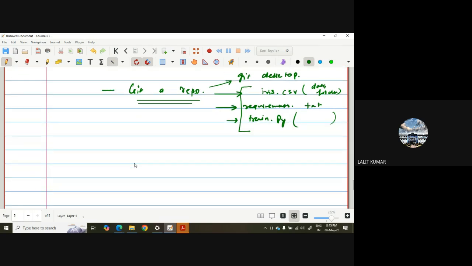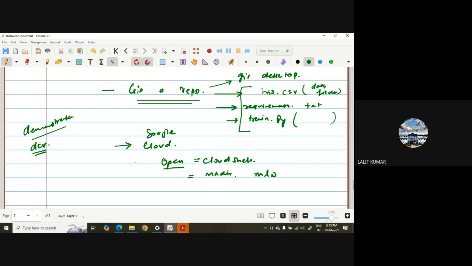Now, we have to demonstrate on week two how to use DVC. So you go to your cloud account, Google Cloud. Open your Cloud Shell. In Cloud Shell, now make a directory, something like MLOps week 2.